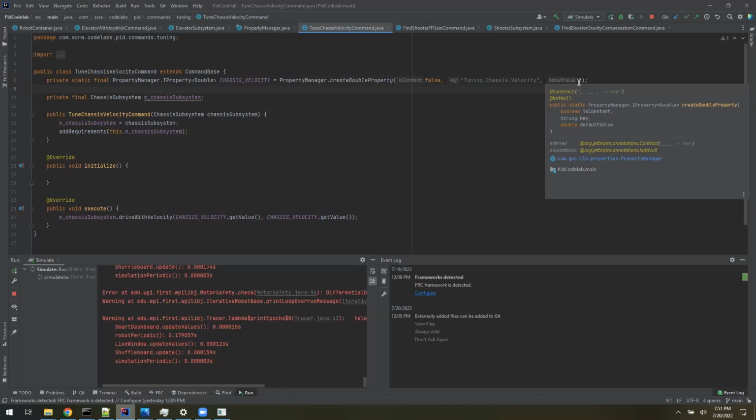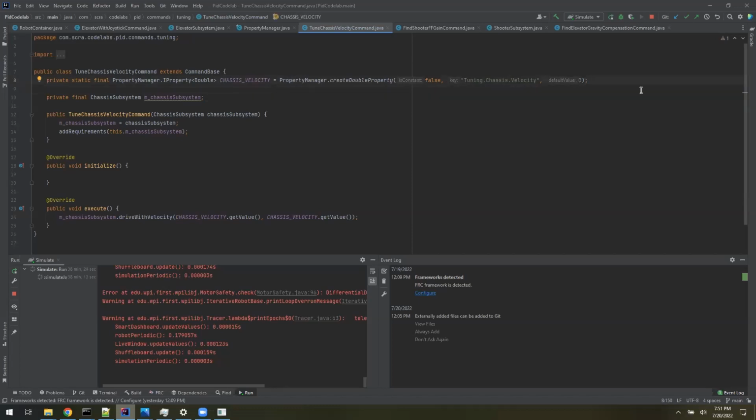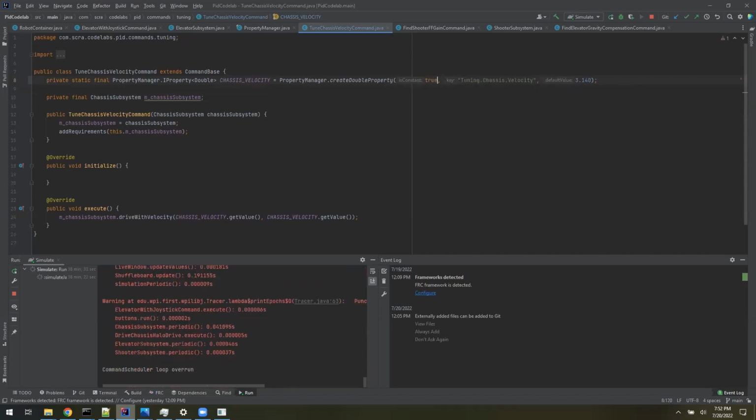That way, once we got something tuned and locked in, I can go in here and say, okay, in reality, it's 3.14 or whatever, and then I'll switch this to no longer be tunable. That way, if our preferences save file gets wiped out, we have it persisted in code. All of that to say, it's all using the preferences API under the hood. So that's a basic property. Basic IProperty could be a double, Boolean, whatever.